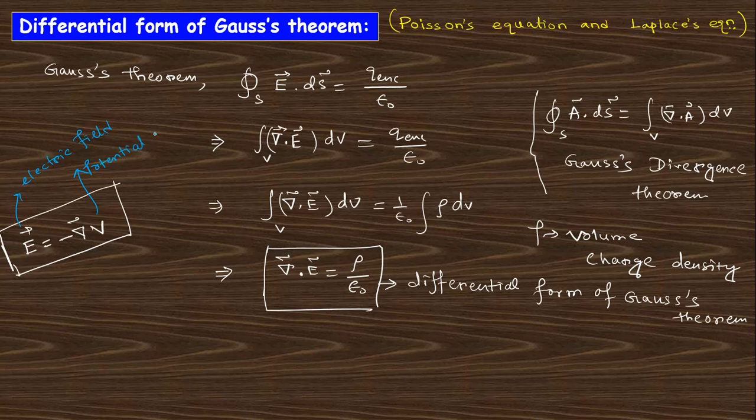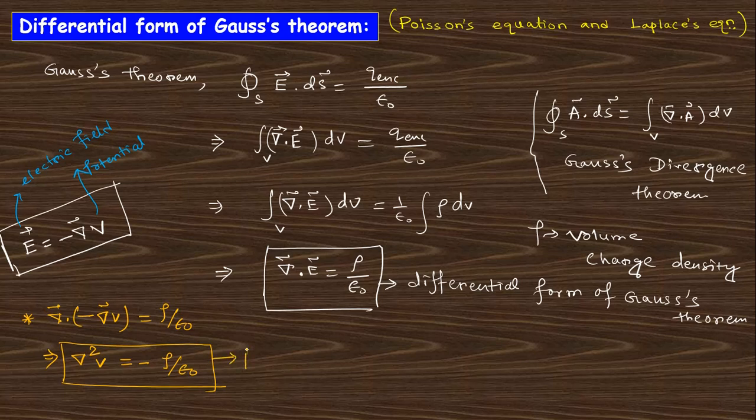So you can write the electric field in terms of potential, that is, divergence of minus grad V equals rho by epsilon naught. So this is nothing but grad square V equals minus rho by epsilon naught, and this is the Poisson's equation. Clear?